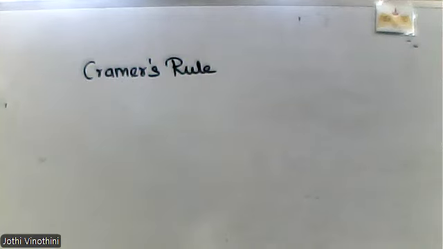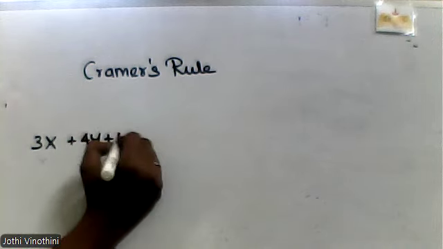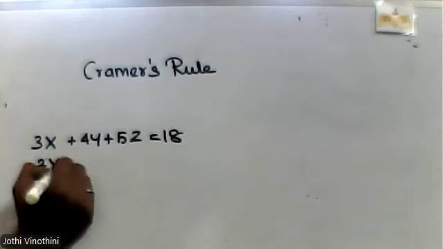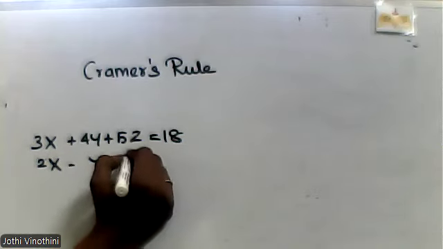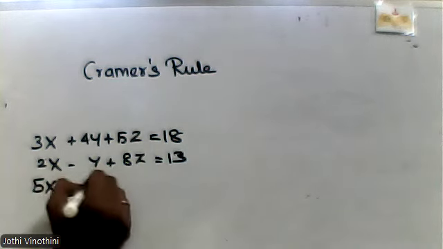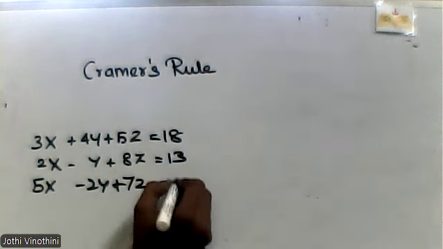We are provided with three linear equations, and we have to find the variables. So what we are provided with: 3x plus 4y plus 5z equals 18, and 2x minus y plus 8z equals 13, and 5x minus 2y plus 7z equals 20.